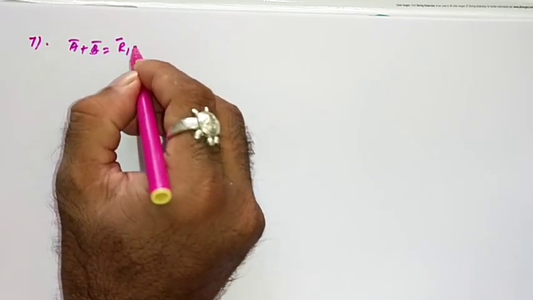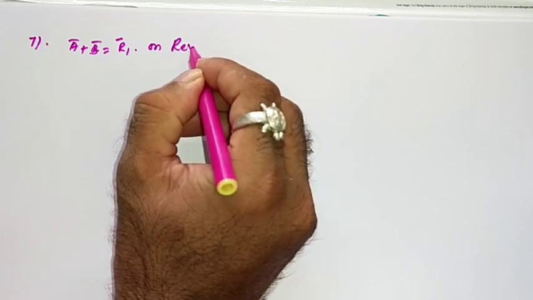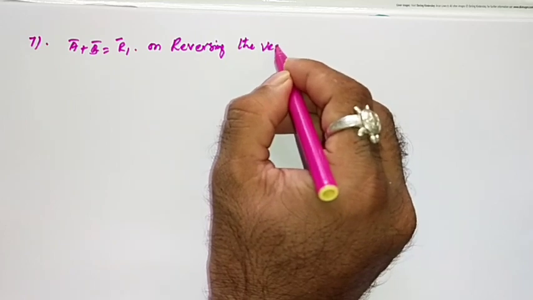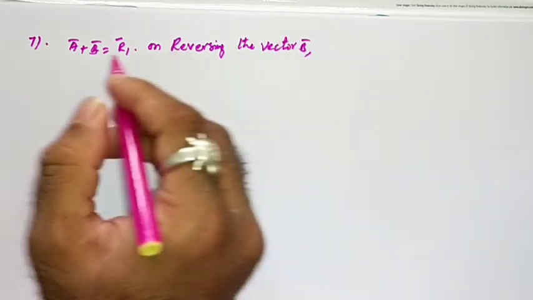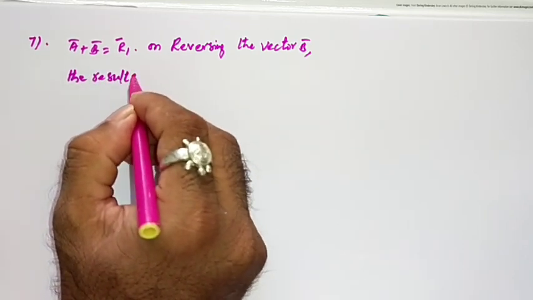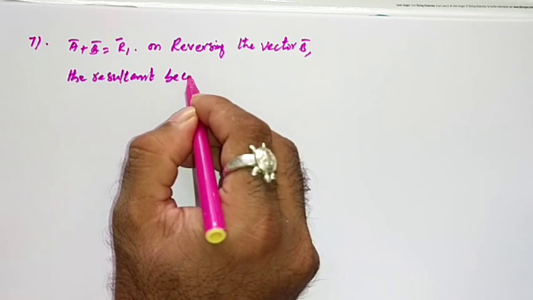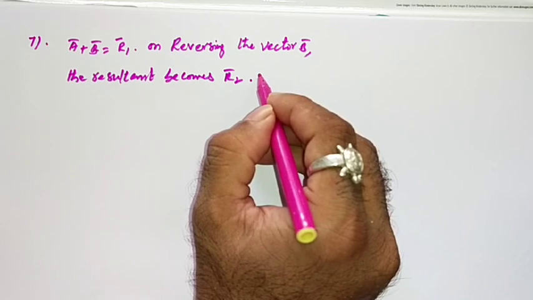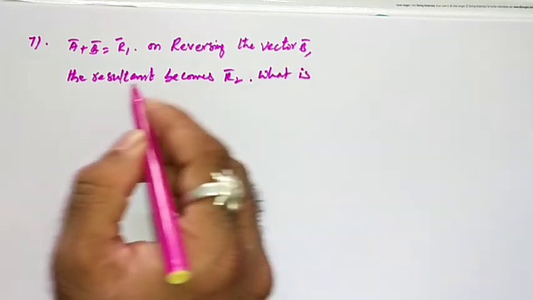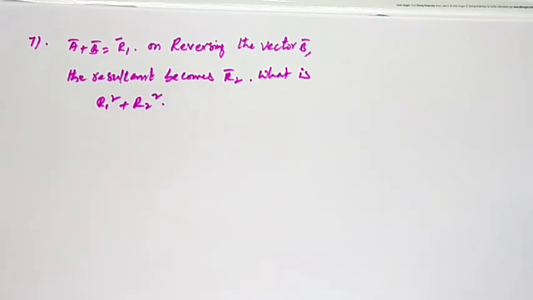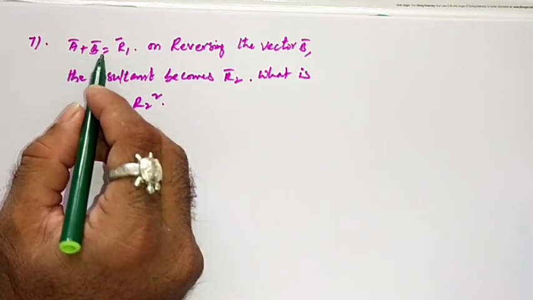And on reversing the vector B, the resultant becomes R2. Then what is the value of R1 square plus R2 square? This is the question, right? So there are two vectors. The resultant of A plus B is R1.